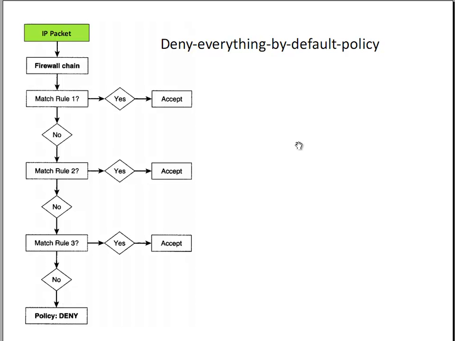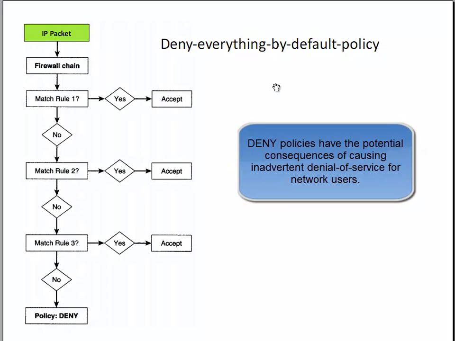Now think for a second, what would be the possible negative consequences of having a deny everything by default policy? If in our rules we happen to miss something critical, let's say for example we want the ability to have some clients on the network to be able to access an FTP server.